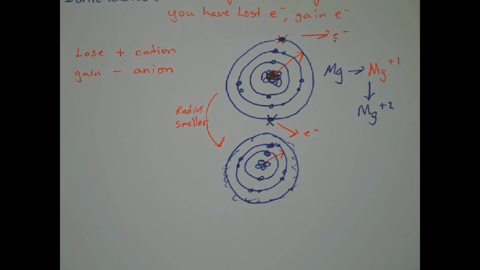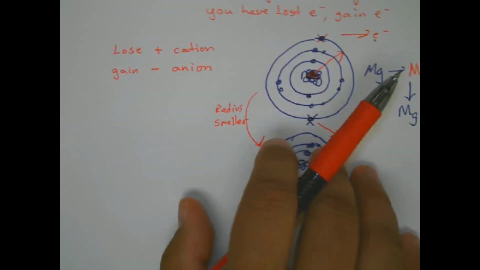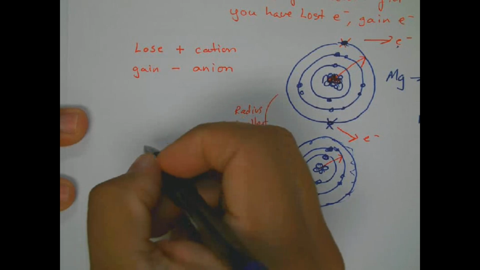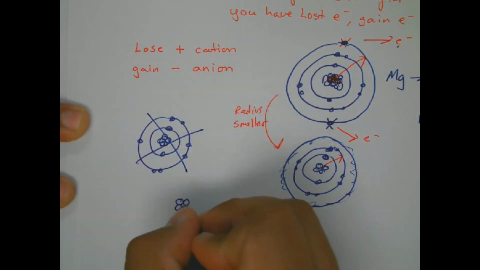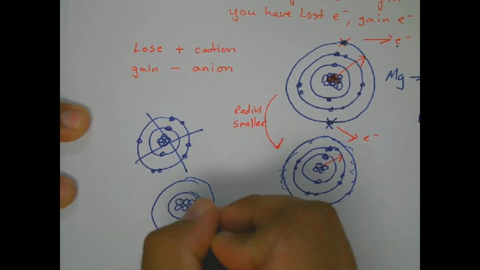And on the flip side, if you gain an electron, right, let me just draw a new one here. Let's say I have oxygen, for example, right? Oxygen has his 8 electrons, 8 protons, and his 2 energy levels.